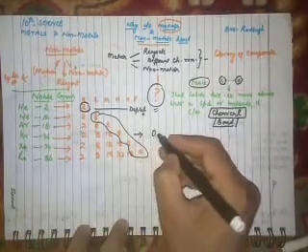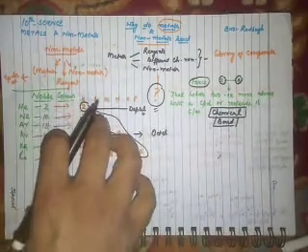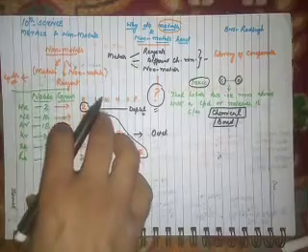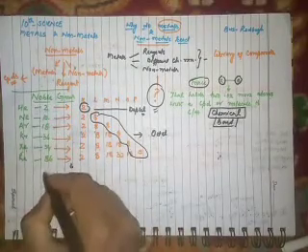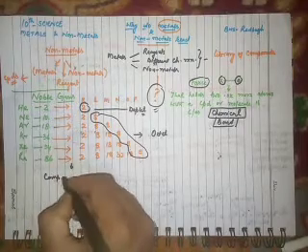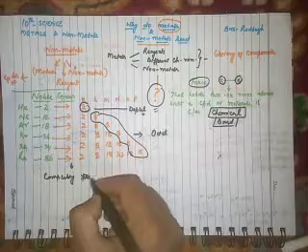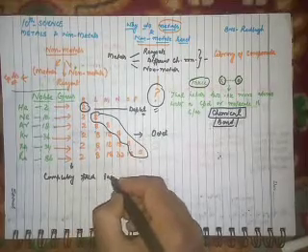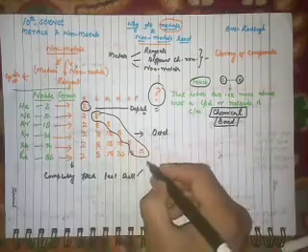We call it octet. Dear students, all these elements have a completely filled last shell, that is the duplet or the octet.